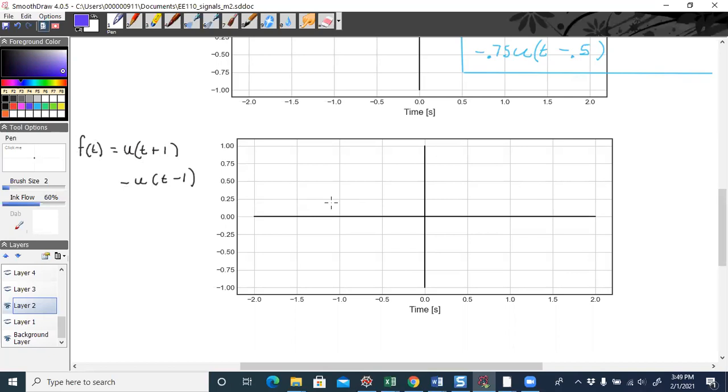Will the step be on the negative side or the positive side? Negative side. Yep. And it's going in the positive direction.